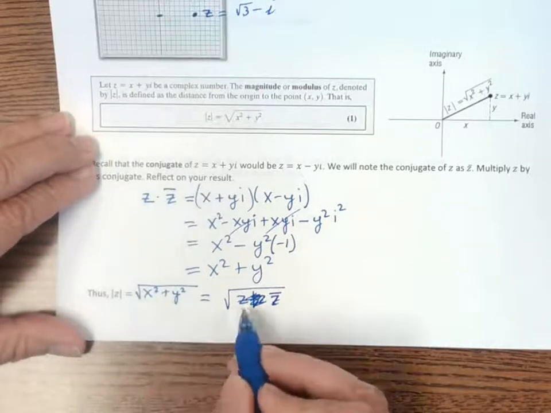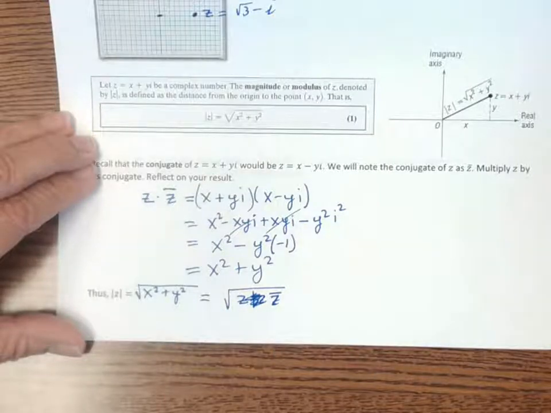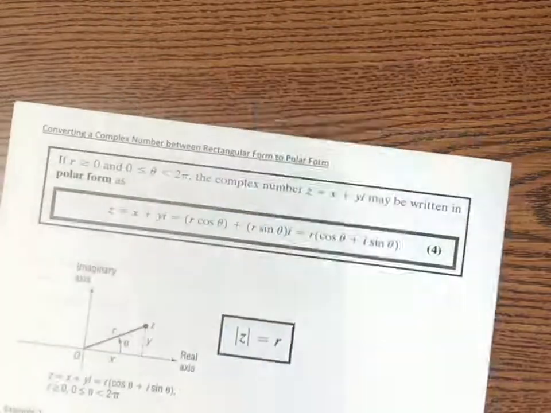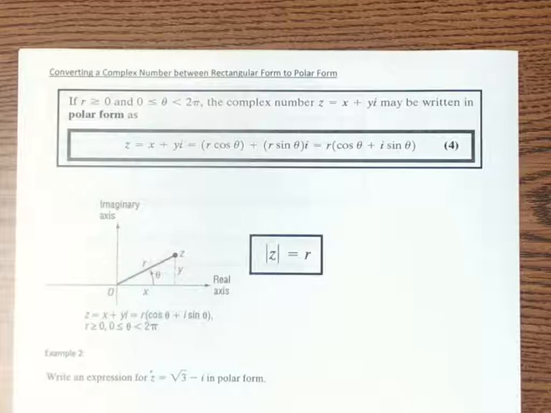So either one of these gives us the same value, and we will use both of them. So let's turn this over to converting a complex number between rectangular and polar forms.